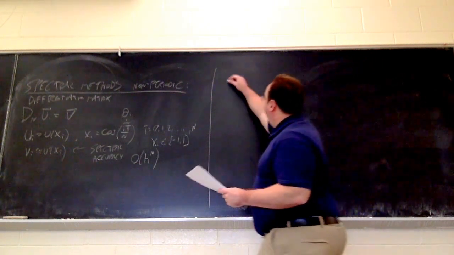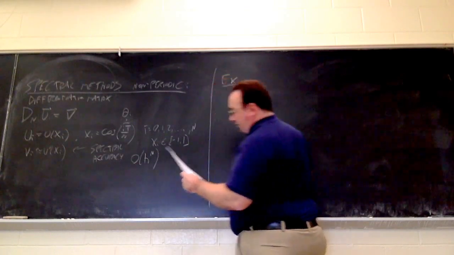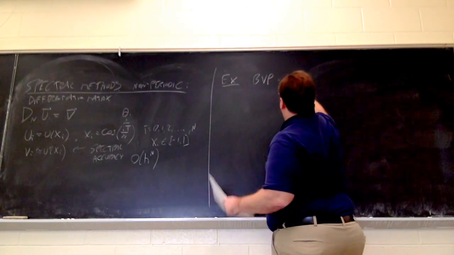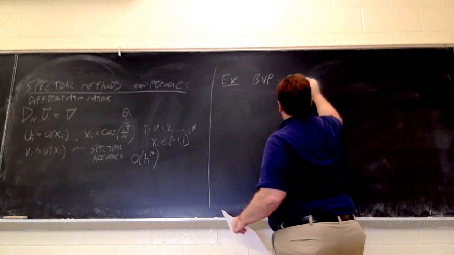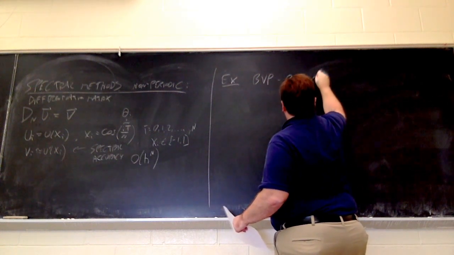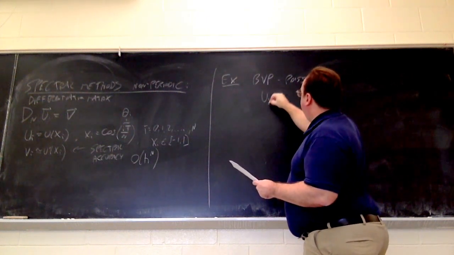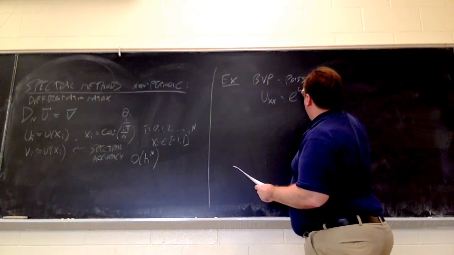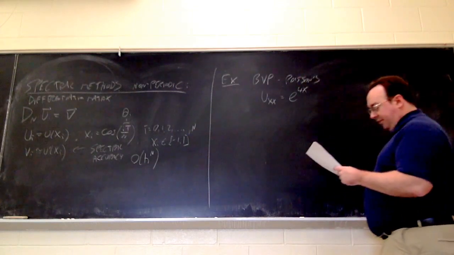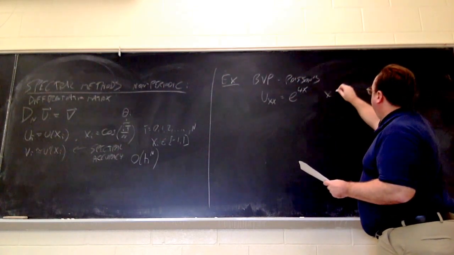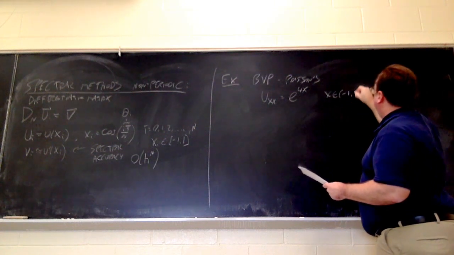Okay. So our first example is a BVP, boundary value problem, Poisson's equation. u_xx is equal to e to the 4x on -1 to 1.